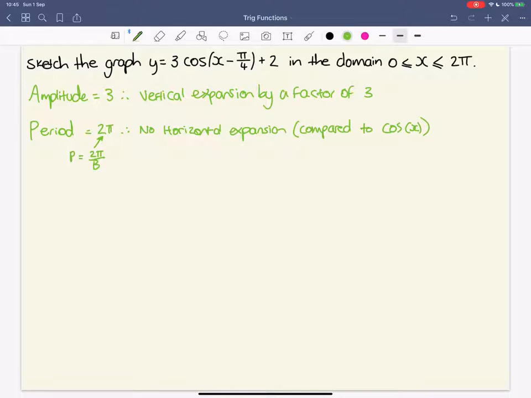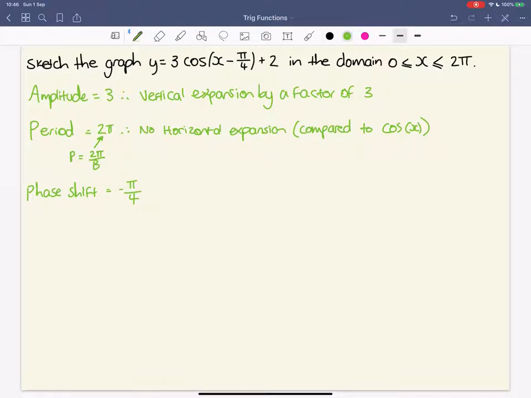Okay, let's move on. We've got now our C position. And what does C stand for? Well, that's our horizontal shift, or phase shift. We call it phase shift. So our phase shift, in this particular case, is equal to -pi on 4.